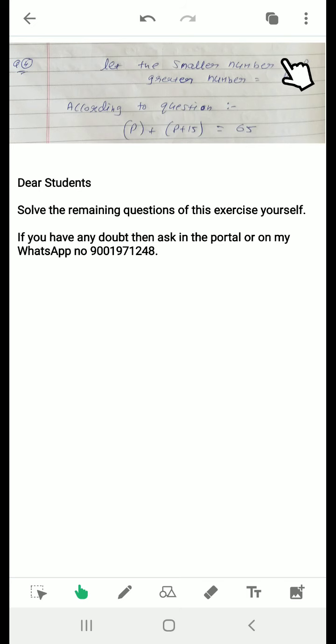Now the sum of these two numbers is given, the sum of numbers is 65. So what I will write? p plus p plus 15 equals 65. That is enough. You can write one more step also: p plus p can be written as 2p plus 15 equals 65. That also you can write, but the first is also enough.